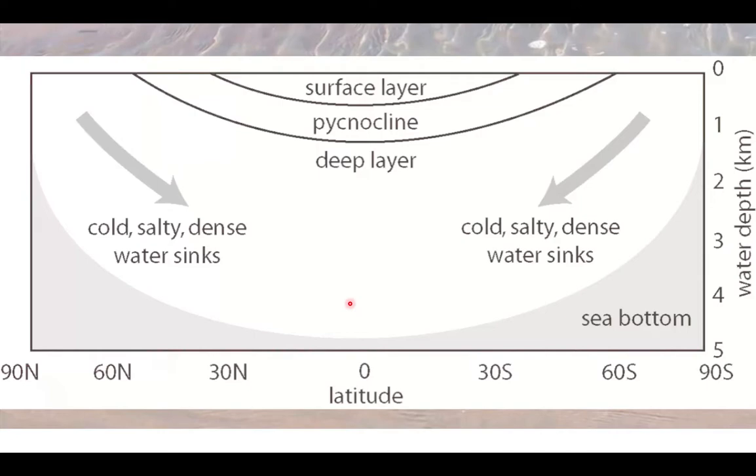Now what is the pycnocline? The pycnocline is basically a layer in the ocean where density varies very drastically. Okay, the change of density is very high. That is your pycnocline, and the pycnocline is a function of thermocline as well as halocline. Thermocline is a variation of temperature with depth, and halocline is a variation of salinity with depth.